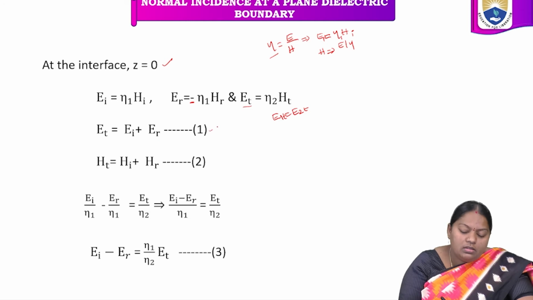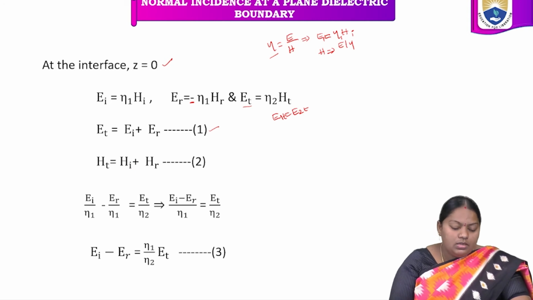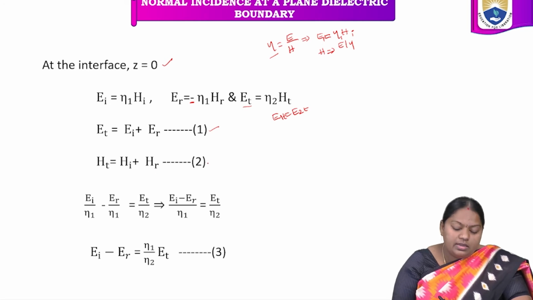Let this be considered as equation number 1. And in medium 2, from the magnetic field intensities, HT equal to HI plus HR. Consider this as equation number 2. So from equation 1, ET equal to EI plus ER, and from 2, HT equal to HI plus HR.